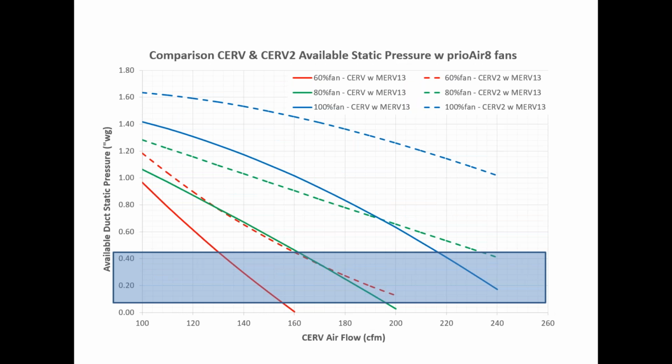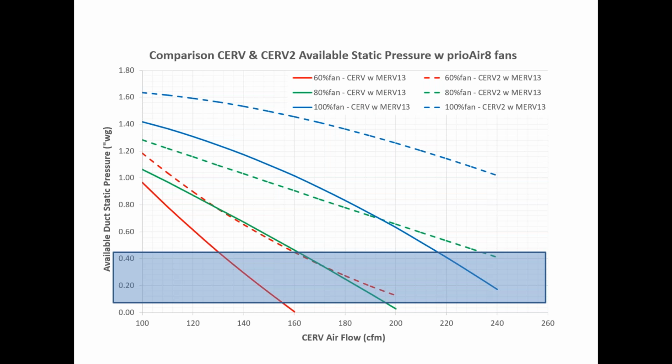I should mention there are two options available with the CERV. The previous graph was for our 6EC model, and then this is for the 8EC that has larger fans built within it. Everything else on the unit is identical, it's just different fans.